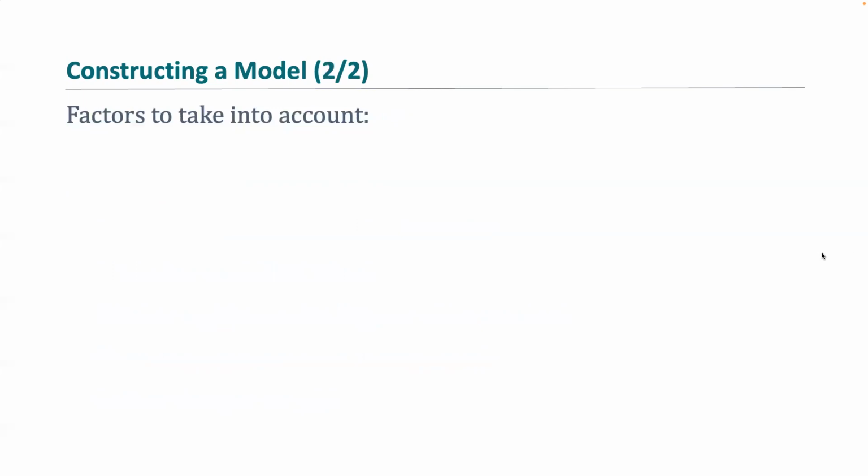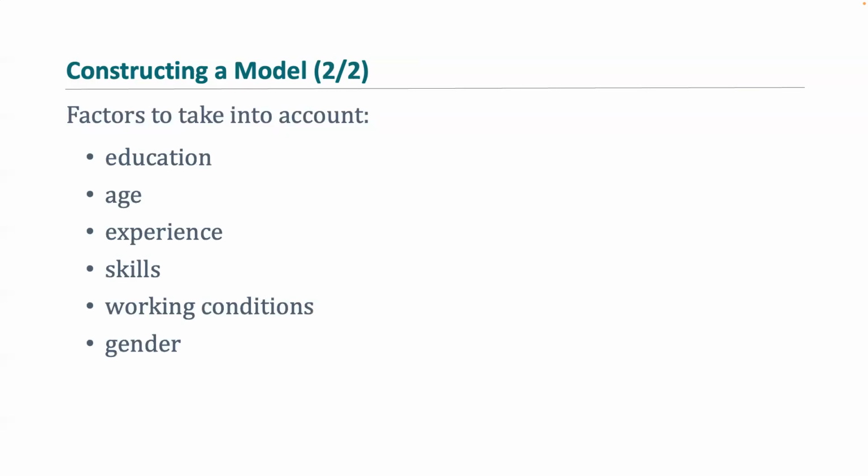Some things that you want to take into account when we're looking at a model to predict the wage of a person are things like their level of education, their age, their experience, their skills, the working conditions, and their gender. The goal is to determine the effect of each variable separately, and we have to use that ceteris paribus assumption. We want to know what happens if we change just one of the variables and hold the rest constant.